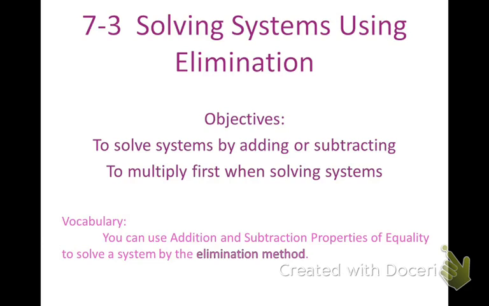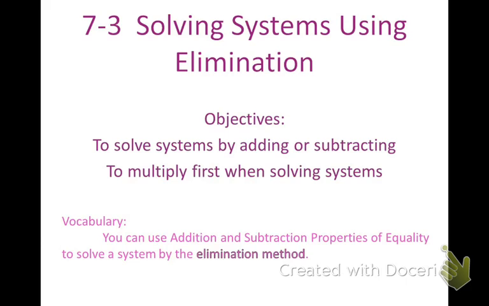That means elimination means we're going to get rid of a variable somehow. We are using two variables in our system, usually x and y, and we need to find out what those variables' answers are. You can use the addition and subtraction properties of equality to solve systems by the elimination method. So we are going to try them out.